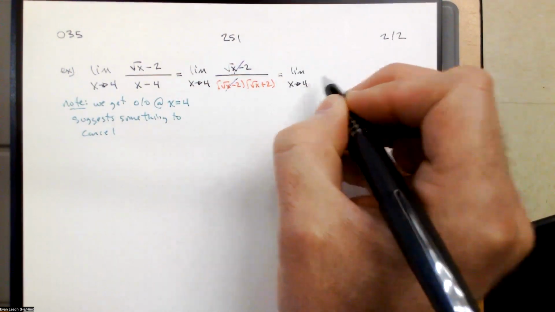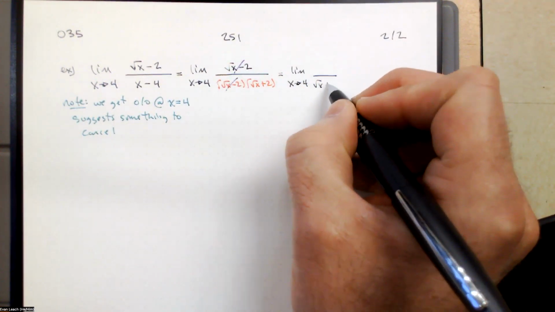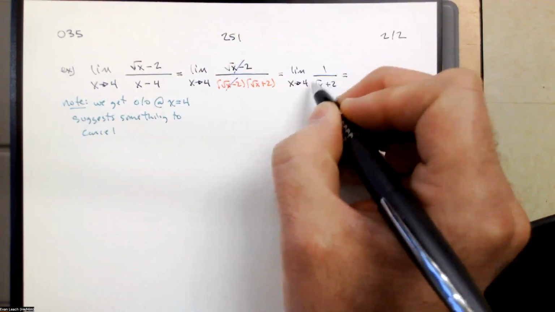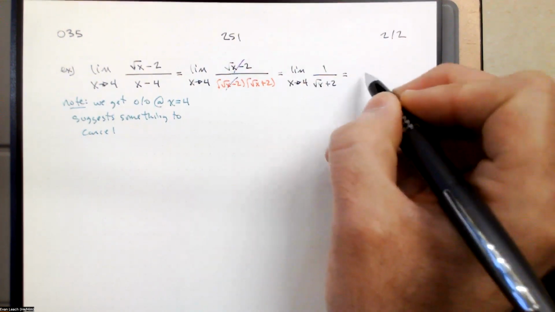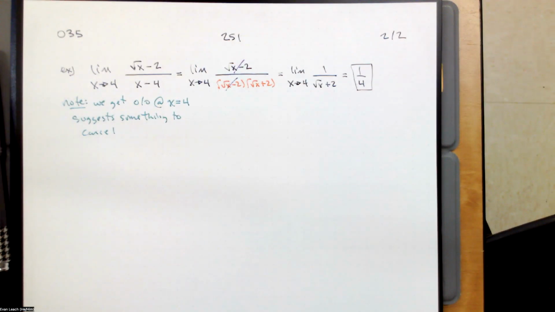But we want to see what happens is that when we cancel the thing out, we get 1 over the square root of x plus 2. And now we can plug in the 4. Square root of 4 is 2, plus 2 is 4. We get a 4. We're treating it like a rational function, even though it's not a rational function.